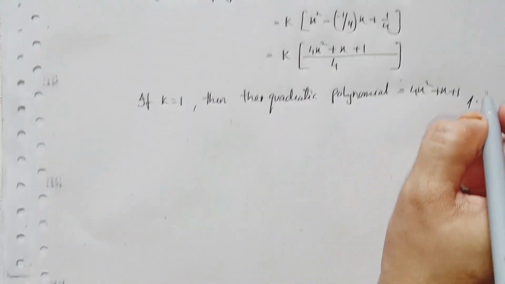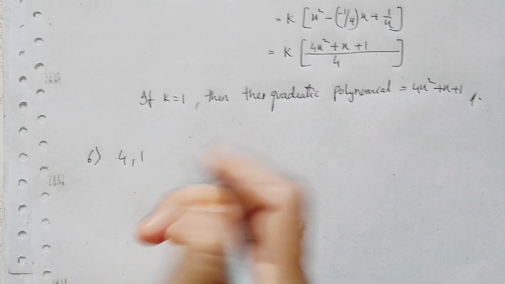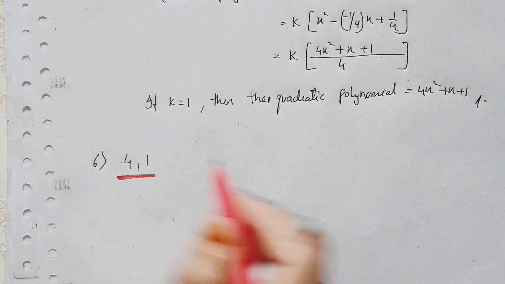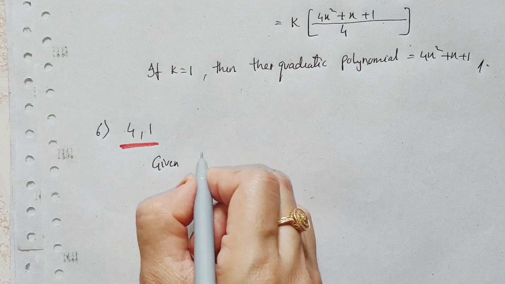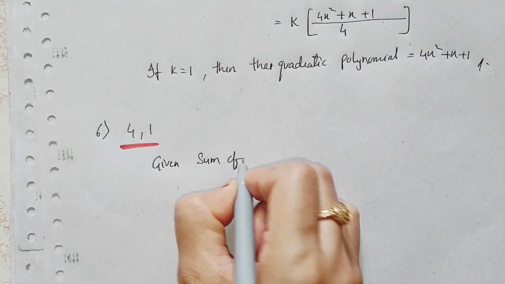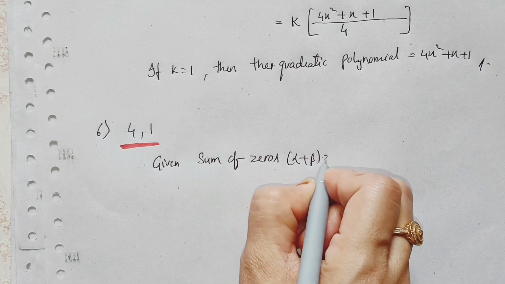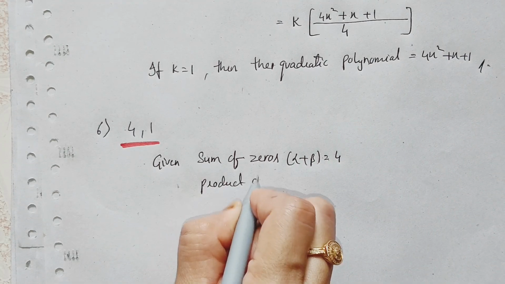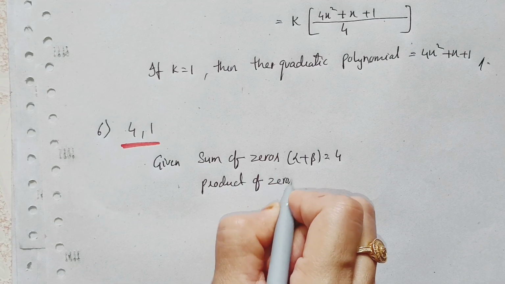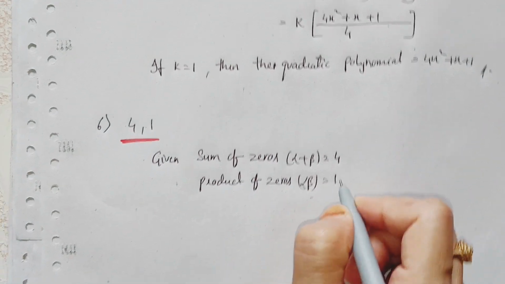Okay guys, now we'll see the last question, which is 4 comma 1 as given. Okay, so given sum of zeros, which is alpha plus beta equal to 4, and product of zeros, which is alpha beta equal to 1.